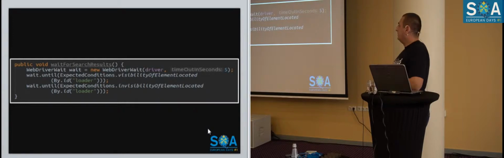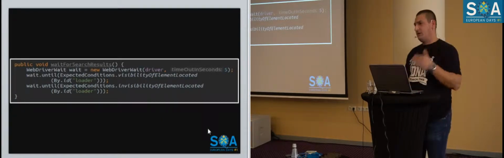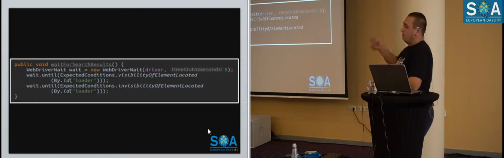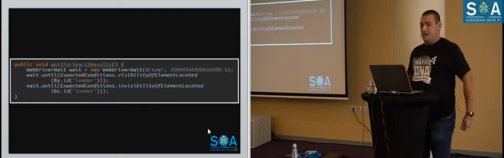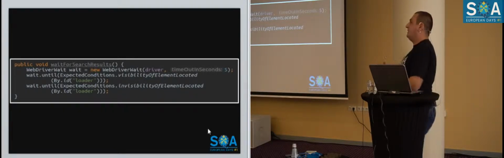So this waiter takes 5 seconds to look for the ID loader, that it is on the page, and then it gets off the page. Loader is a spinner showing that the page is getting loaded. So if under 5 seconds it didn't get loaded, it means there are some problems. Of course, you can control for it, not necessarily 5 seconds, could be 10 or 60.